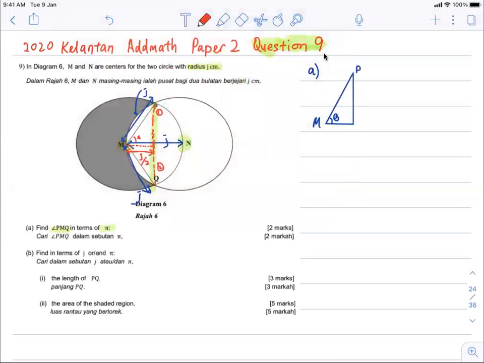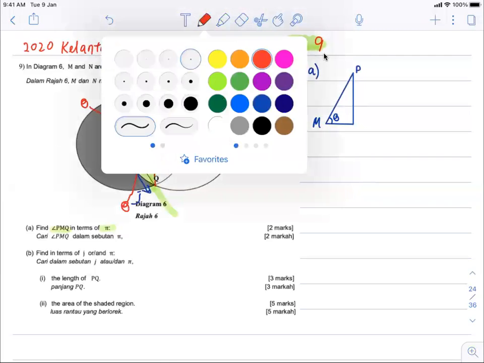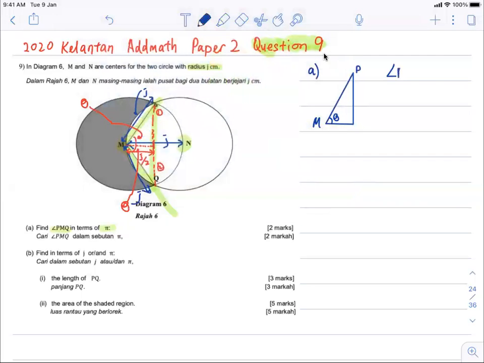If this is theta and this side is also theta, we can say that angle PMQ is 2 theta, because the line between M and N cuts the angle PMQ into 2. Now we have this triangle.